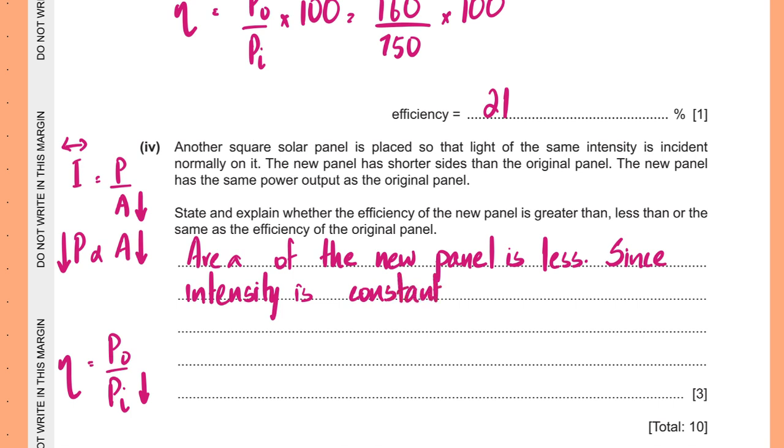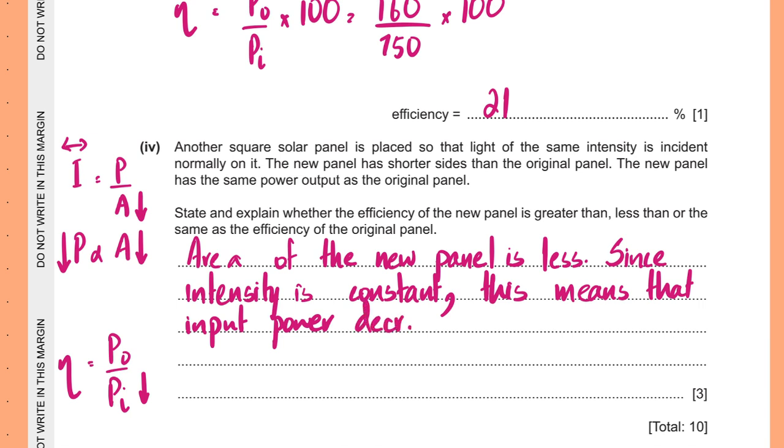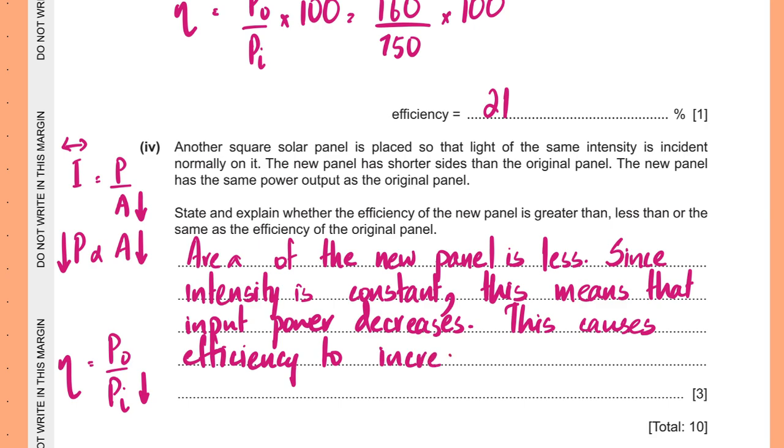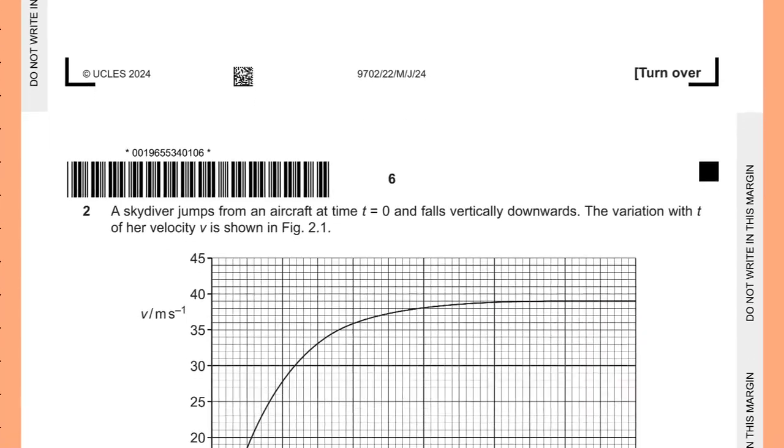This means that power input decreases, or input power decreases, and this causes efficiency to increase. That was the first question. Let's go on to more of these.